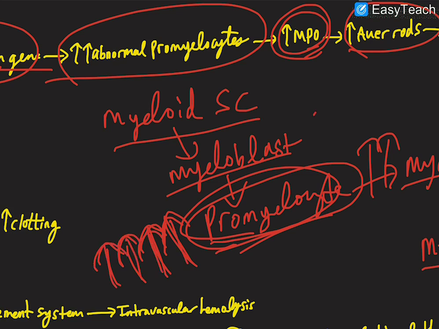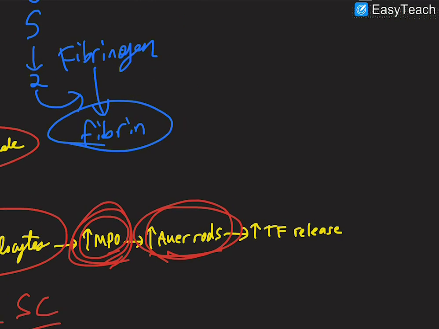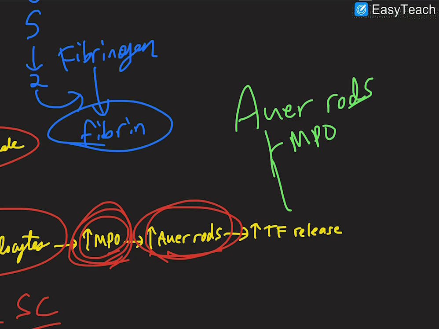Remember, all these promyelocytes have Auer rods in them, and these Auer rods are made up of myeloperoxidase enzyme, but they're made up of other things also. So we should know that. The Auer rods in these promyelocytes are made up of myeloperoxidase, tissue factor, and then other enzymes.